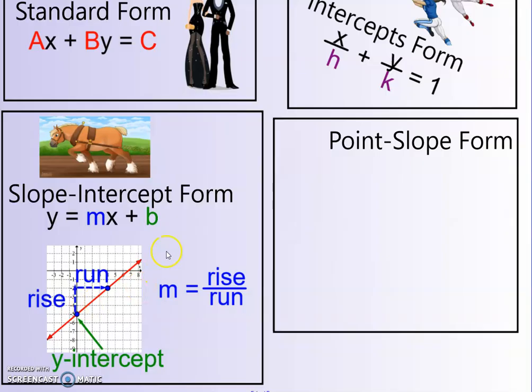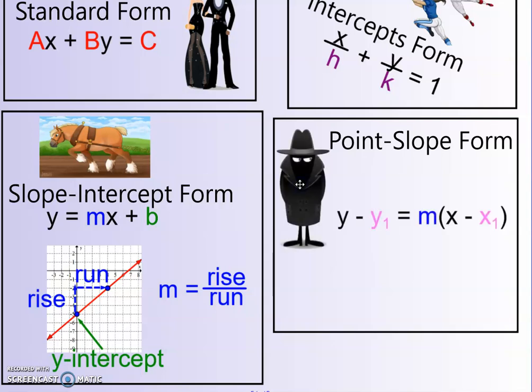But there is another form out there that most kids do not realize they already know. And it's called point-slope form. And this is what point-slope form looks like. Now, you may need to pause the video to write this down, and that's great. Point-slope form looks like a generic y, just like in slope-intercept form. This is a generic y.